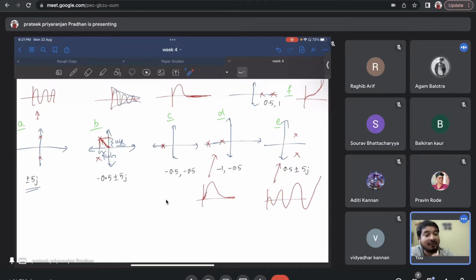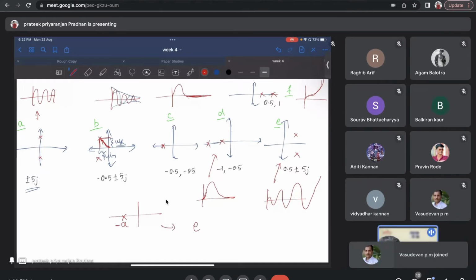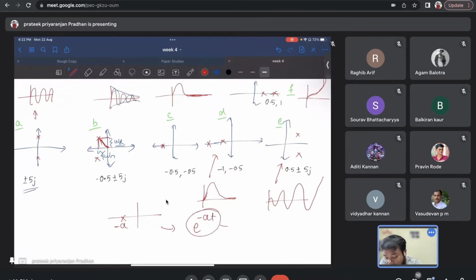Significance of the real part: if it's a simple pole at minus a, then you can say e to the power minus at is its response. Correct? So e to the power minus at comes from infinity to zero.